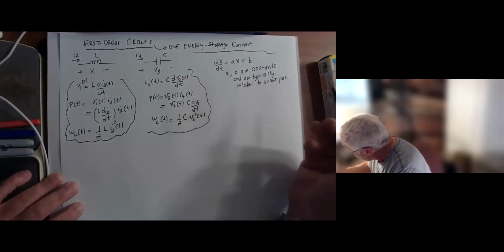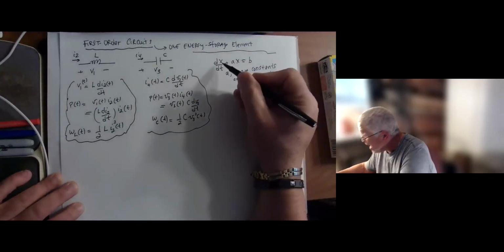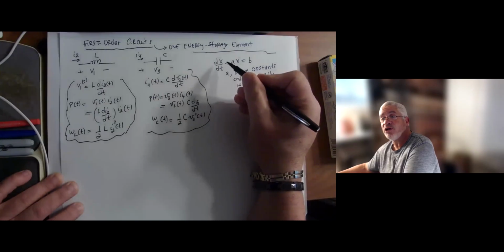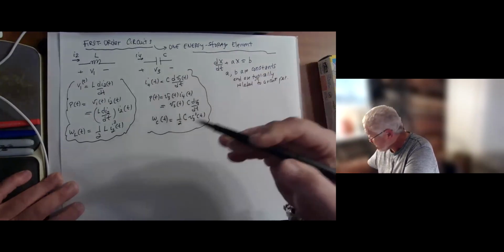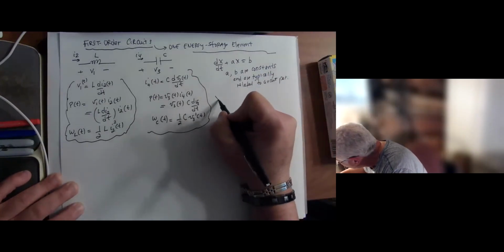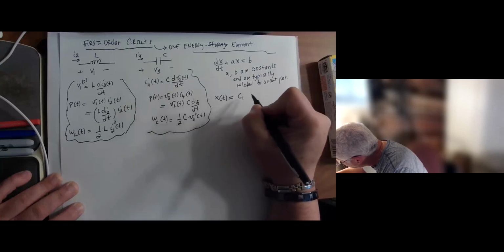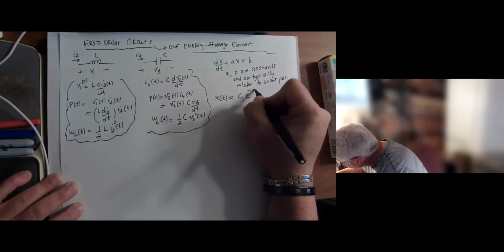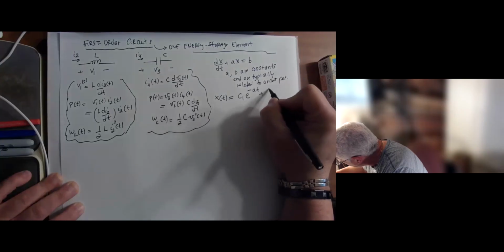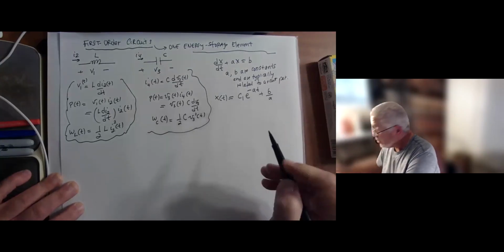And if you remember from your Math 45, I'm using X because X can be a voltage or current, so I'm using it as kind of generic here. So essentially from your Math 45, we know that X of t is equal to some constant C1 e to the minus A t plus B over A. Okay.